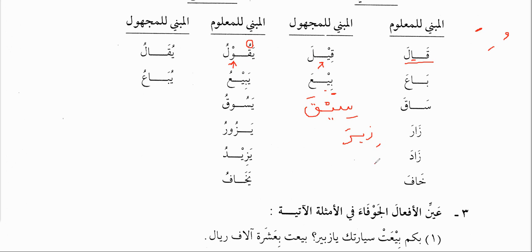Zada, to increase, becomes zida. So it's taking the same structure. This is an exception: the last verb has an exception, and you will see why it has an exception here in the present tense. So changing khafa to majhul gives khifa.